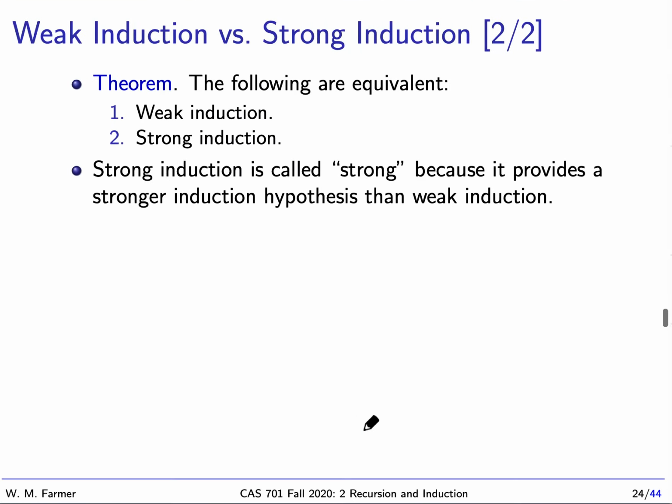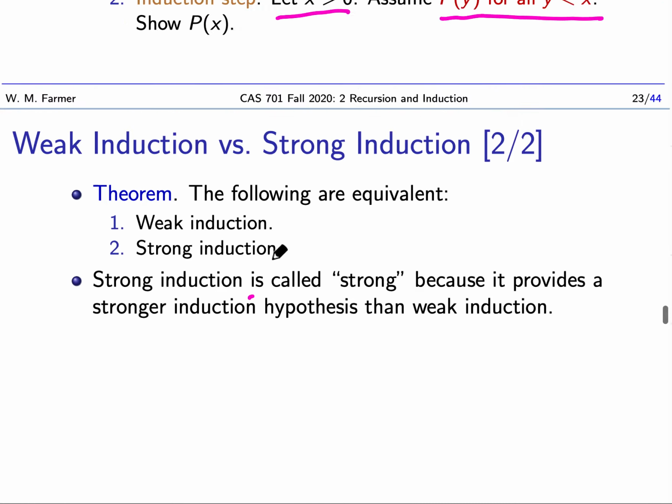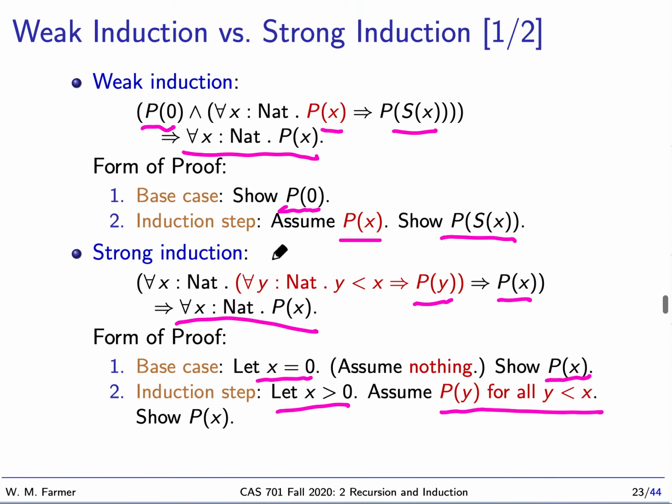The last thing I want to mention is, why is strong induction called strong induction? It's called strong induction because it gives a stronger induction hypothesis. Let's go back and see why that's true. Here, on the induction step, we're trying to prove the property for the successor of x, and we can use the property for the x just smaller than the successor of x.